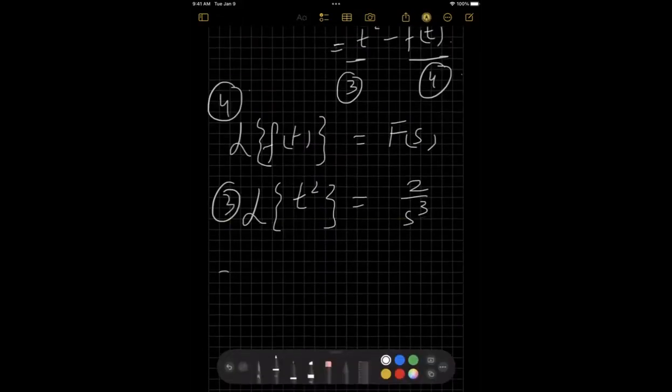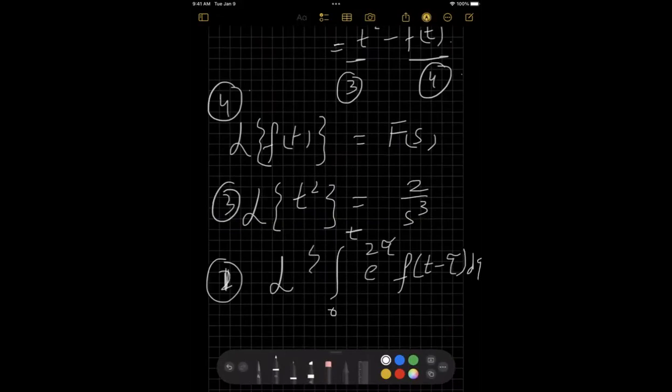For the second part, we have Laplace of the integral from 0 to t. Let's do the first part, the second will be the same: e raised to power 2 tau f of t minus tau d tau.